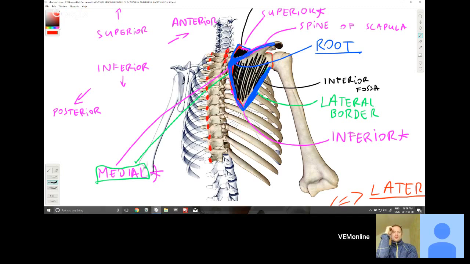So transverse processes of the T-spine, that's the middle of the vertebral column, and they will mostly serve the function of connecting the spine to the ribs, really. That's the main connection, the main function of the transverse processes.